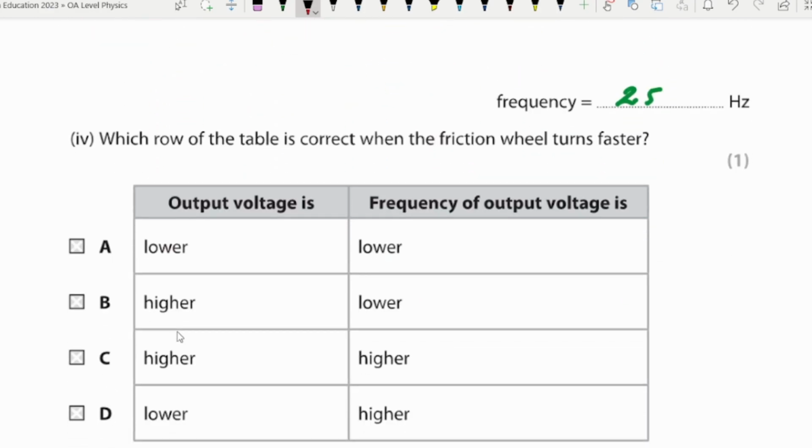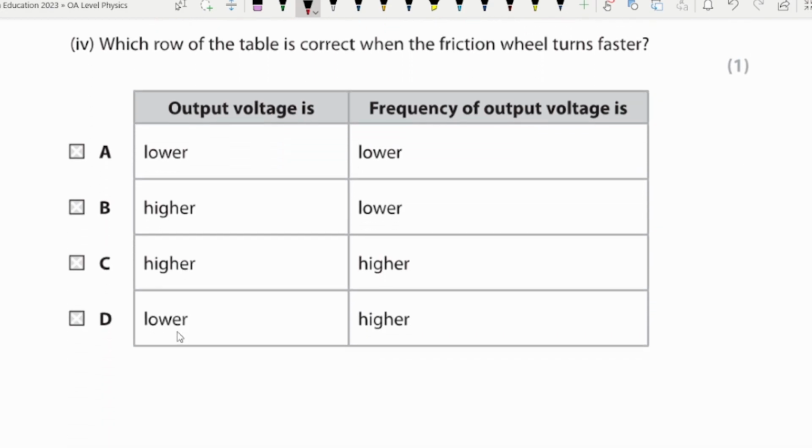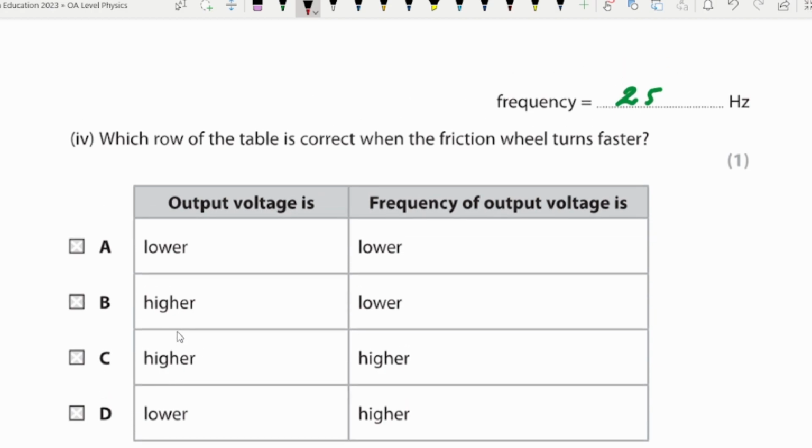Okay. So which row of the table is correct when the friction wheel turns faster? So I told you, if you increase the speed of rotation of the generator, there are 2 changes that take place. On the workbook of electromagnetic induction, there is a separate page dedicated to this pointer.